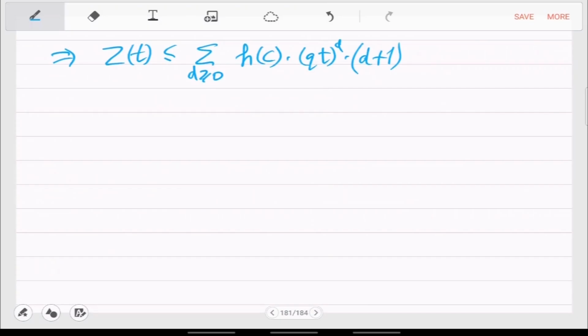What do I mean by less than or equal to? Just think of this as comparing the coefficients of the monomials. Z of t is actually a power series, and when I write one power series less than or equal to another power series, I basically mean that I'm upper bounding the coefficients.